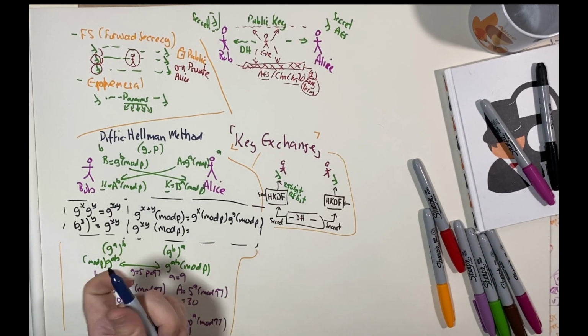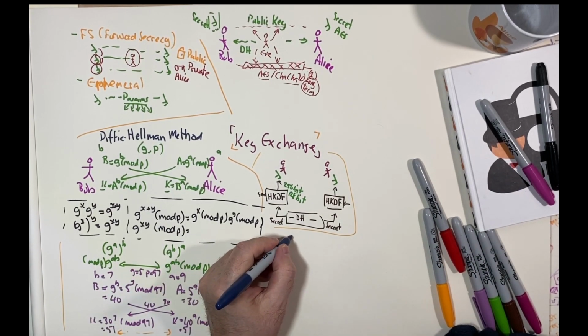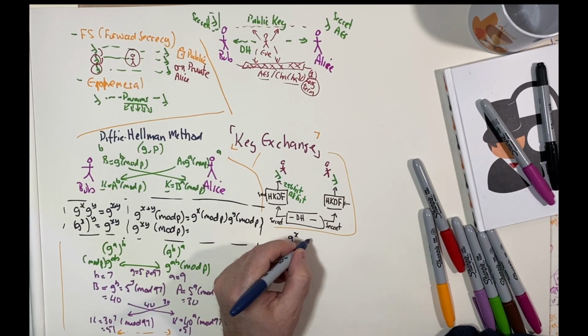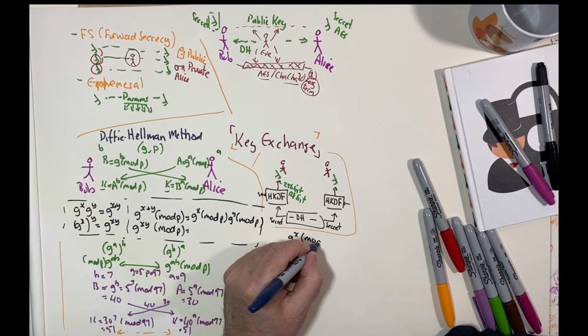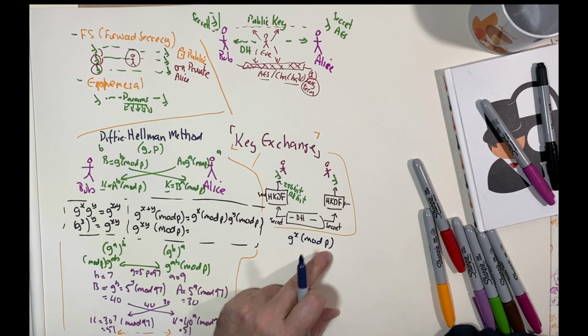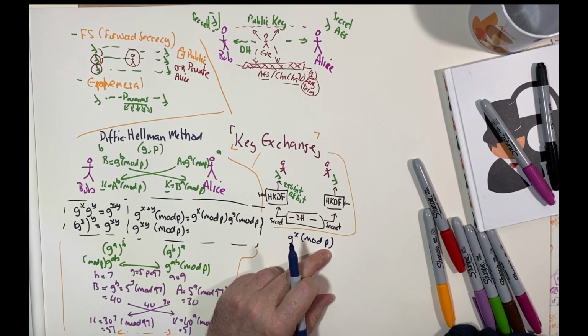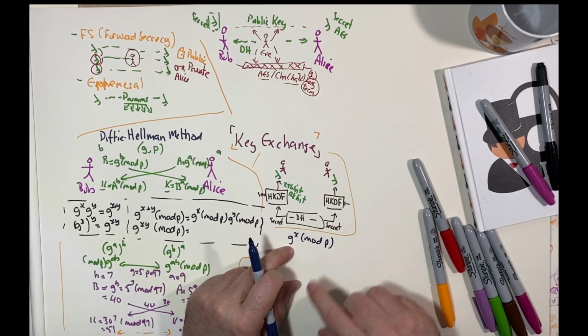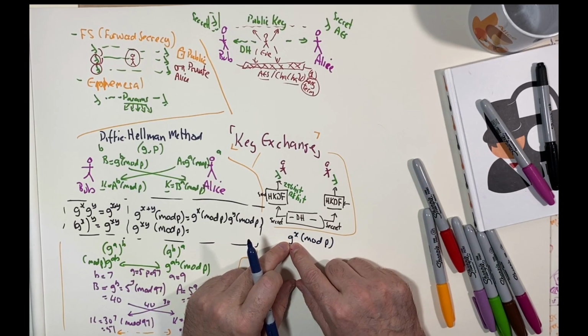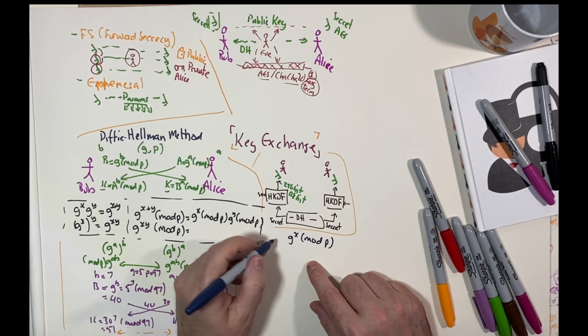And we can't just use any value of g to the power of x mod p, because some of the values don't actually work. What we want is to create a mapping from the values of x.